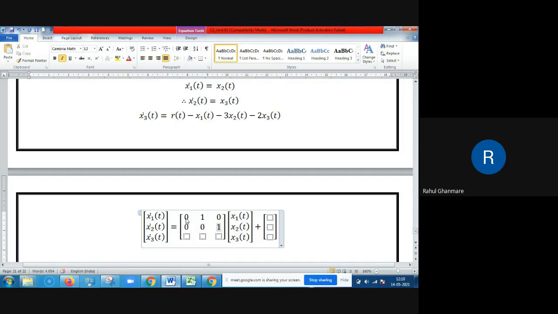Agree? And when you consider x dot of 3, it is equals to, this is minus 1, this is minus 3, and this is minus 2. You're getting my point?